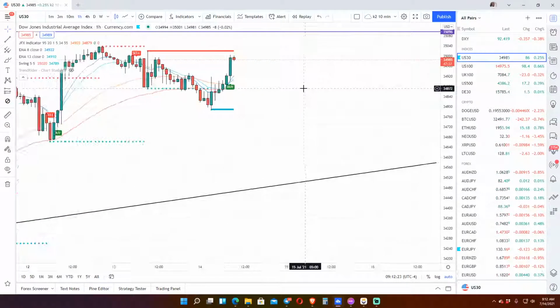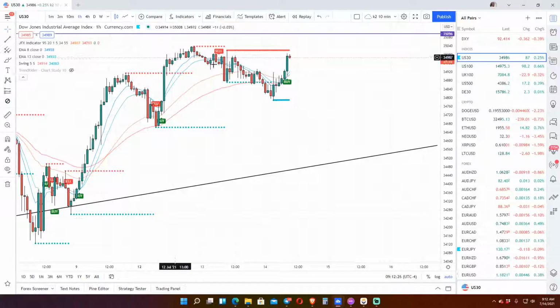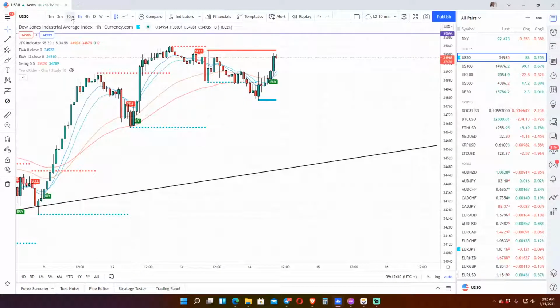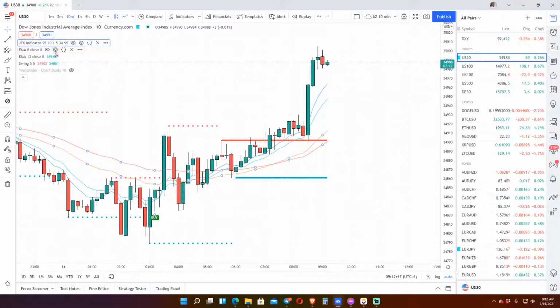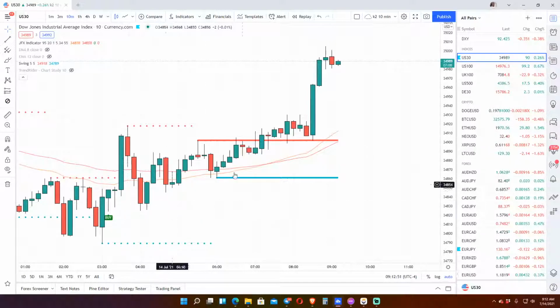As you can see on this hour, it's probably going to eventually touch this resistance. It might even break past this today. We just have to see what market open does. After the 1 hour, I go to the 10 minute, and as you can see here, price just continuously goes up in this uptrend.